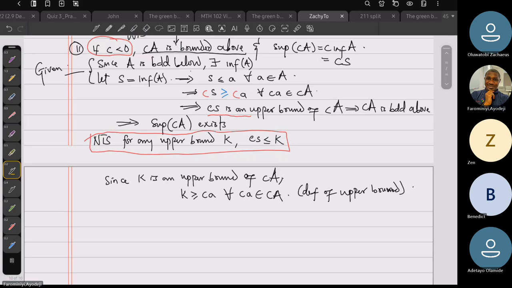Okay, good. Since we know something about A, we know its infimum. I can divide both sides by C here. So if I divide both sides by C, what will happen? What is the inequality I'm going to get?